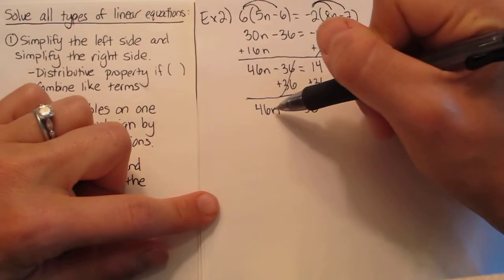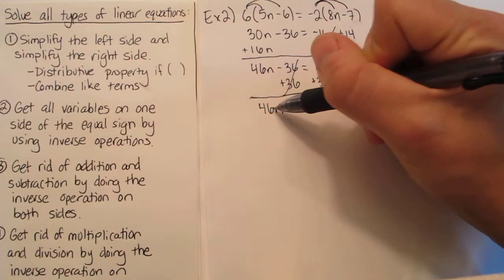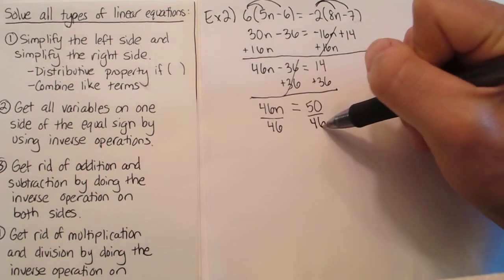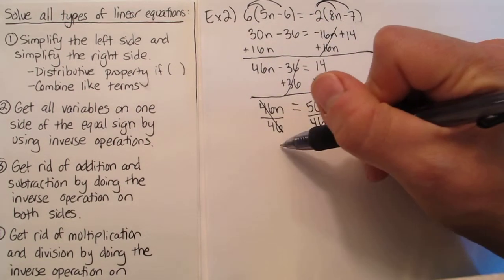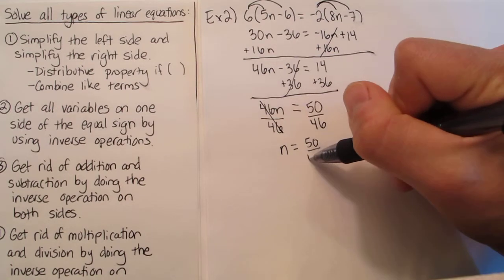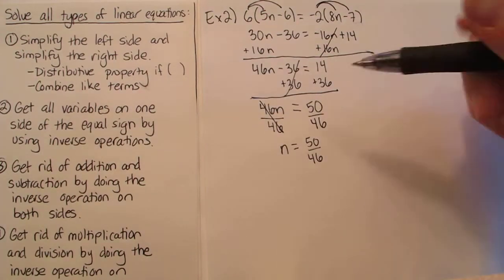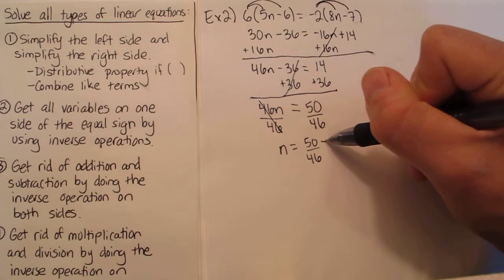My last step is to get rid of multiplication and division. So I'm going to get rid of a times 46 by dividing both sides by 46. 46 divided by 46 is 1, so I'm left with 1n equals 50 over 46. And since it's not going to go in evenly, I'm just going to treat this like a fraction, and I can see that the biggest number that goes into 50 and 46 is actually 2.